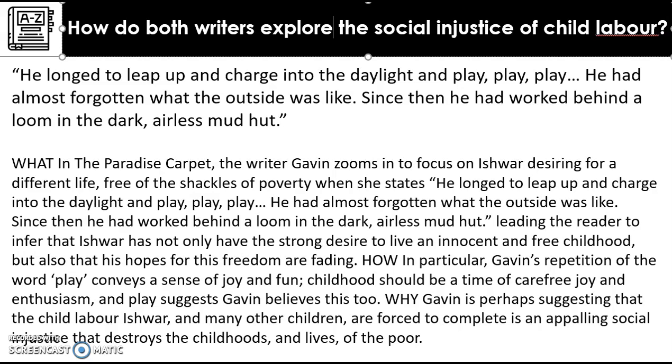He had almost forgotten what the outside was like. Since then, he had worked behind a loom in the dark, airless mud hut," leading the reader to infer that Ishwa not only has a strong desire to live an innocent and free childhood, but also that his hopes for this freedom are fading.